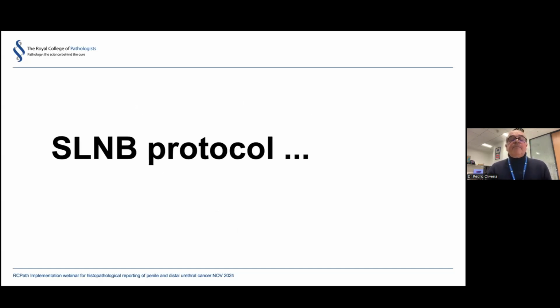guidelines published. A final word regarding the sentinel lymph node biopsy protocol. As you know, the sentinel lymph node biopsy protocol is instituted as a routine in most of the cancer centers where penile cancer is treated in England. And we have devised a protocol that implies another sectioning and immunohistochemical performance with at least 2 cytokeratins.